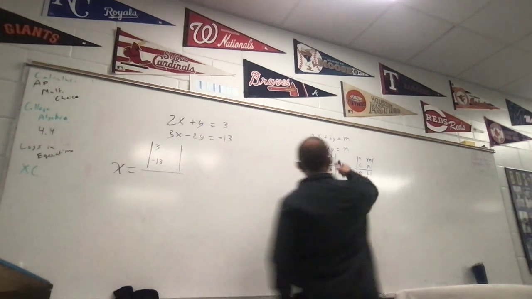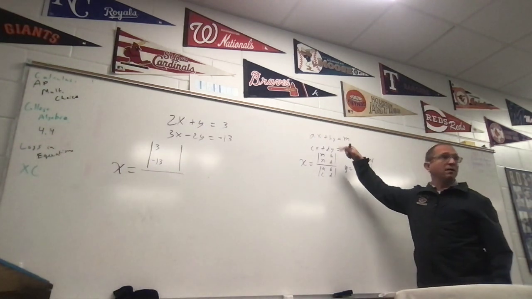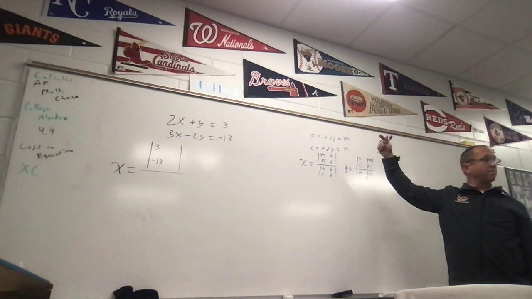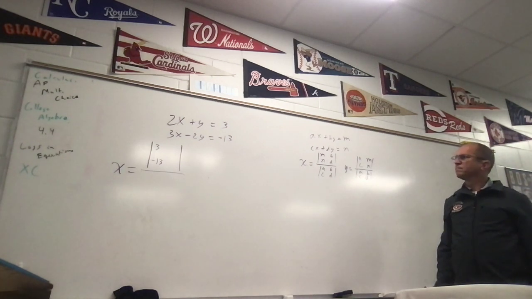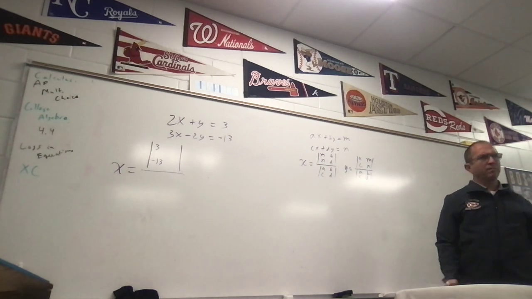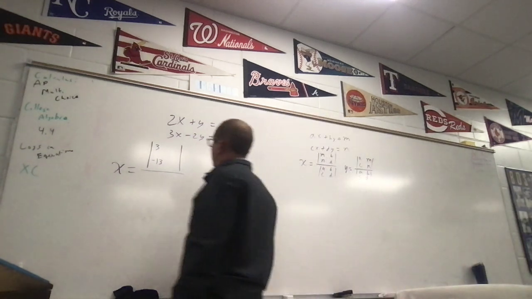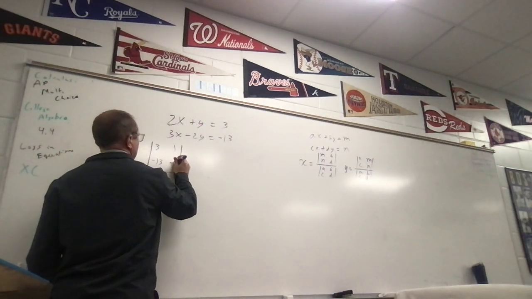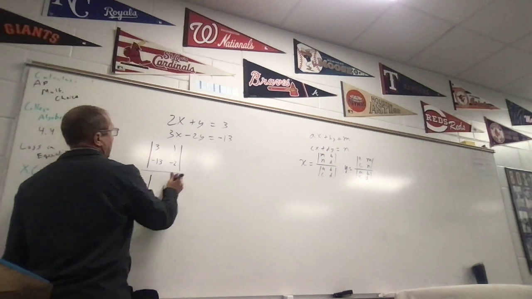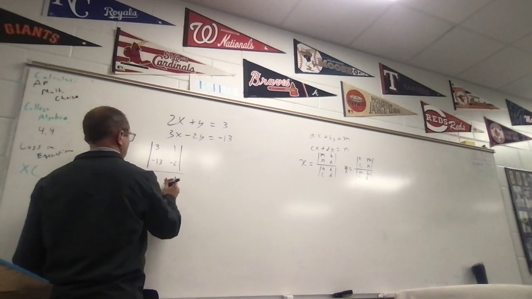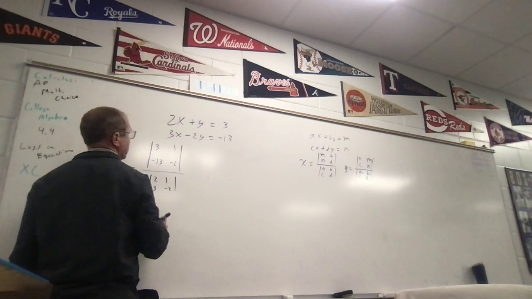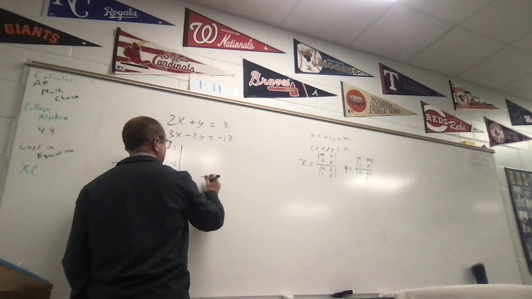Well, I go to my B and D. What stands in the place of my B and D? 1 and negative 2. 1 and negative 2, okay. All right, then here it's 2, 1, 3, negative 2. All right, my y's.